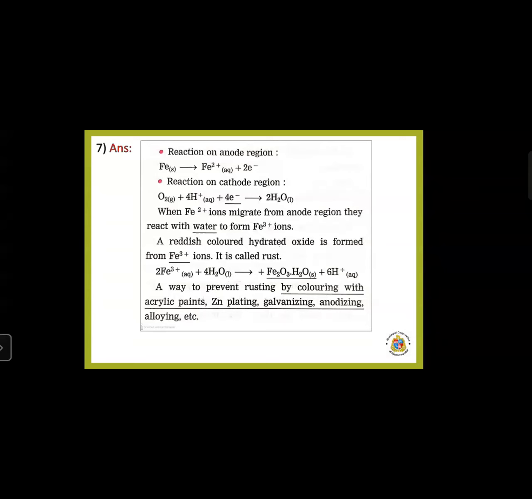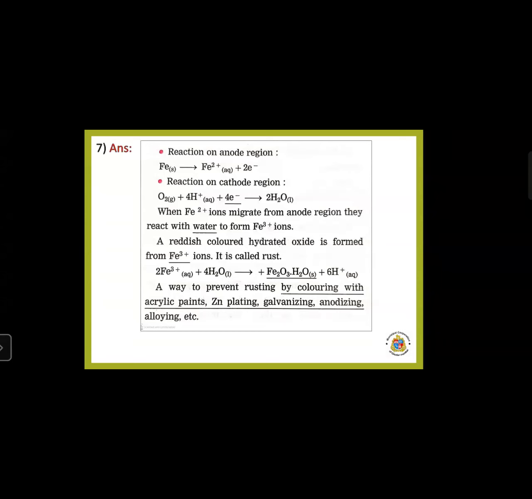When the Fe2+ ions migrate from the anode region, they react with water molecules to form Fe3+ ions. A reddish hydrated oxide is formed from the Fe3+ ion. It is called rust.